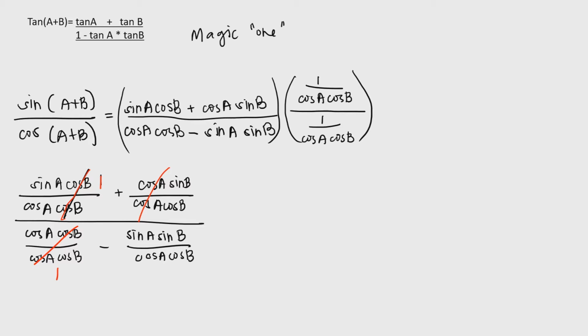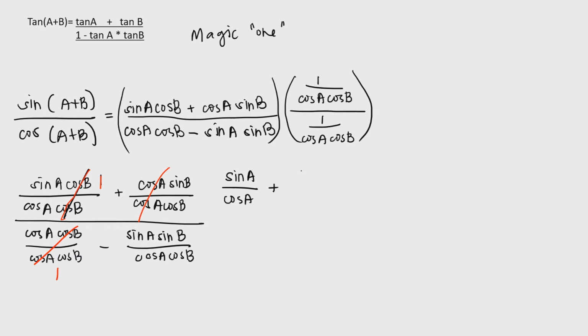So our solution would be sine A times cosine A. Well, we have 1 here, but if we multiply it with 1, it would be still the same, so it's okay if we don't put 1 there, okay?